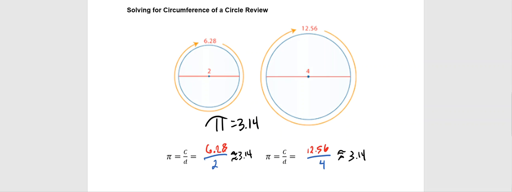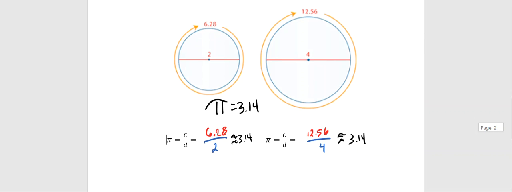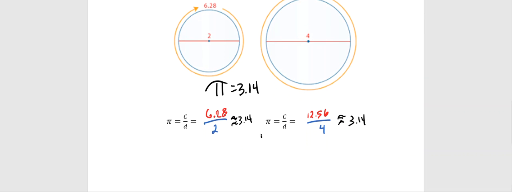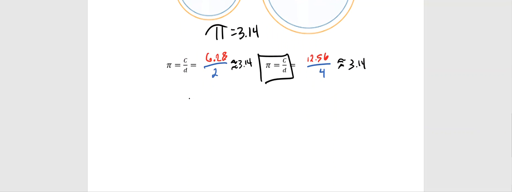So that's really important for us to work with because we want to be able to take this formula and manipulate it so that we can use it to more generally solve for the circumference. So if I start with this formula once again, pi equals circumference divided by diameter, what I would like to do is ultimately rewrite this to solve for the circumference.